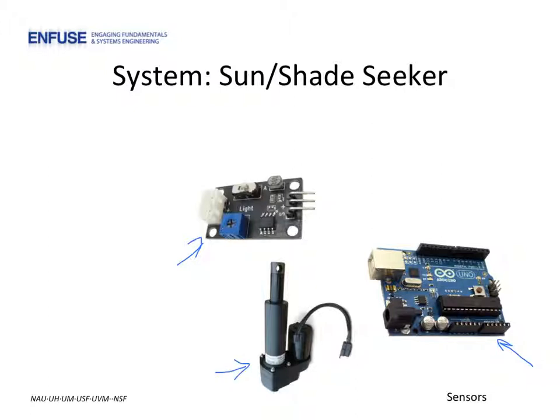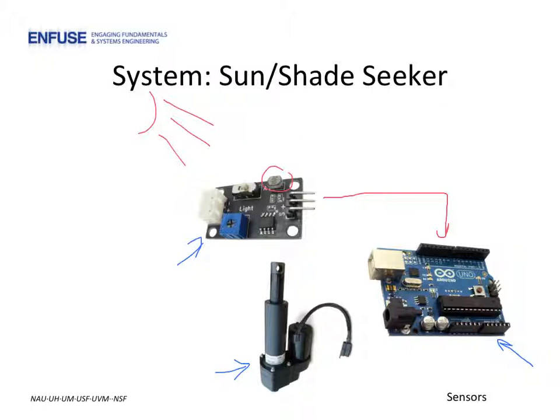The operation of the system is such that the phenomenon of interest, specifically sunlight, changes an electrical parameter of a component, specifically the resistance of that photoresistor. The conditioning circuitry on the sensor board produces a change in the voltage at the output of the board. That output is fed to the Arduino, specifically to its analog to digital converter.